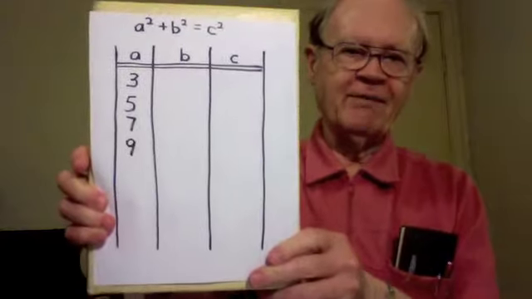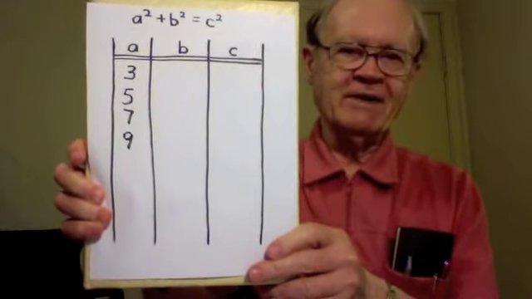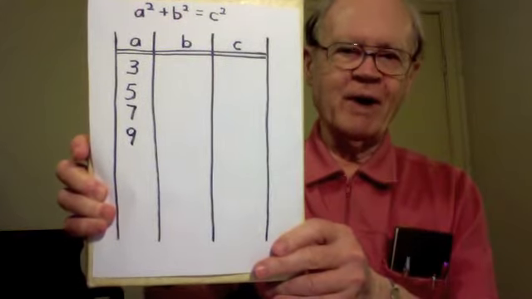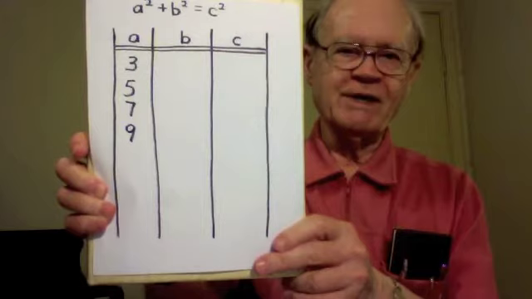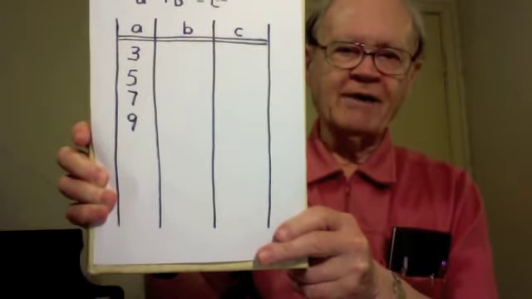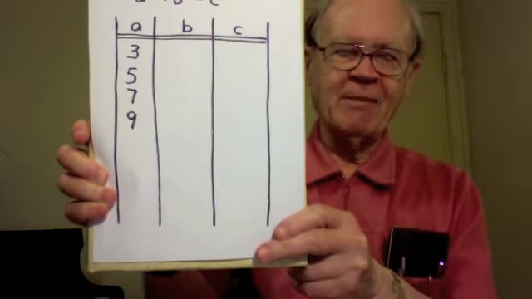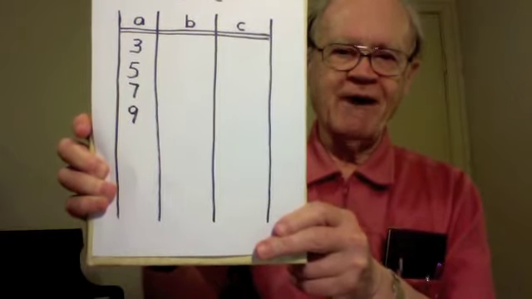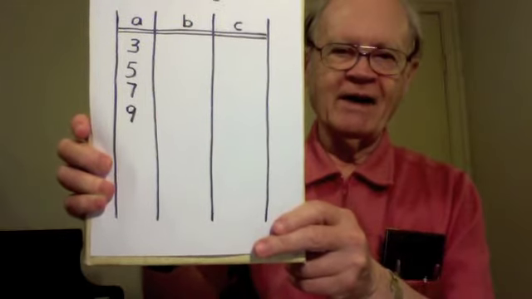Well, here's my solution. In an earlier video that I referred you to, I developed the fact that we can get whole numbers that satisfy the Pythagorean equation, a squared plus b squared equals c squared, by starting with odd numbers for a being the smaller of the two legs, such as 3, then 5, then 7, then 9.